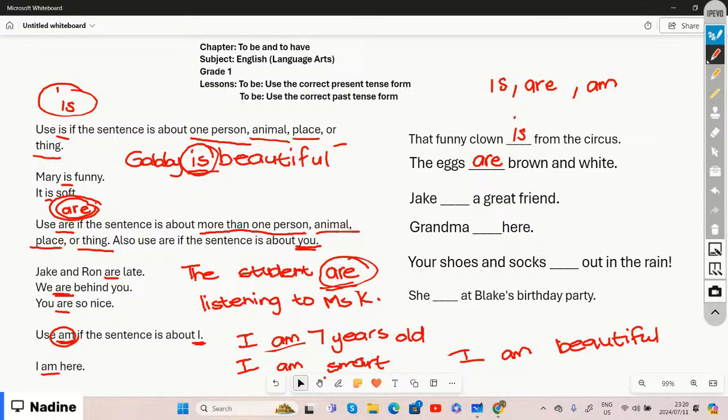All right, so we can then say if we're referring to Jake, only Jake, Jake being one person, then we can say Jake is a great friend because we are making mention of one person being Jake.